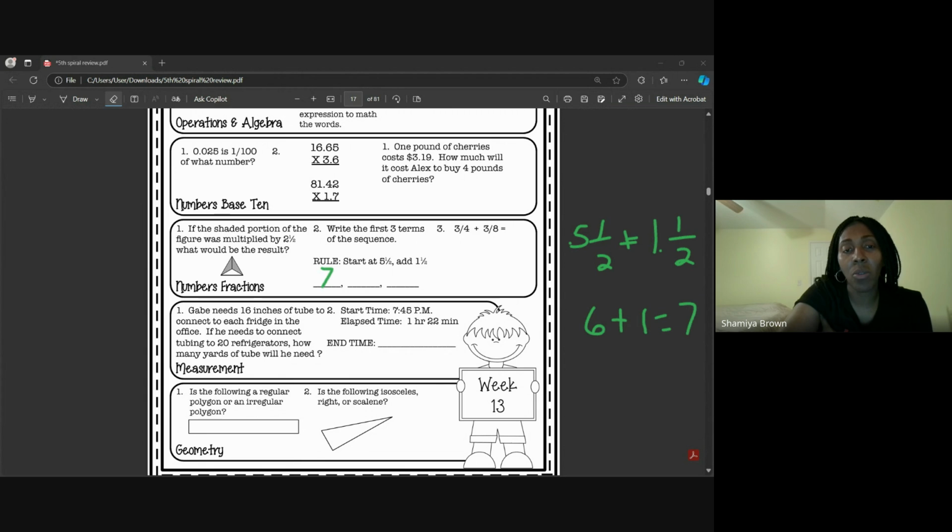So the rule is add 1.5. So 7 plus 1.5 will give me 8.5.